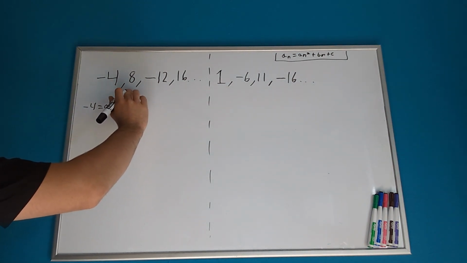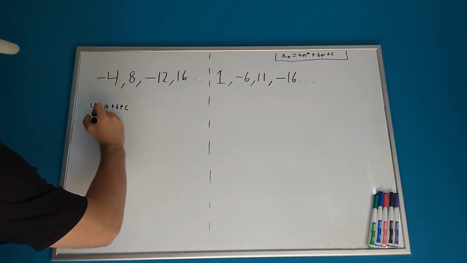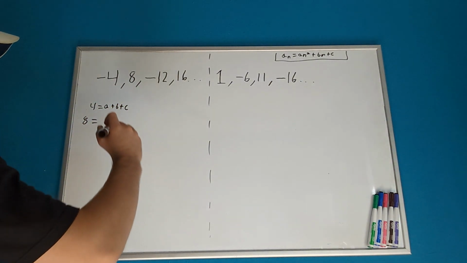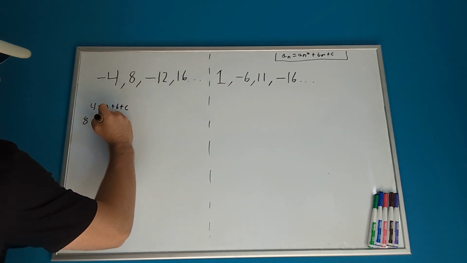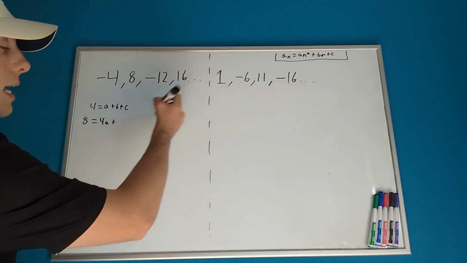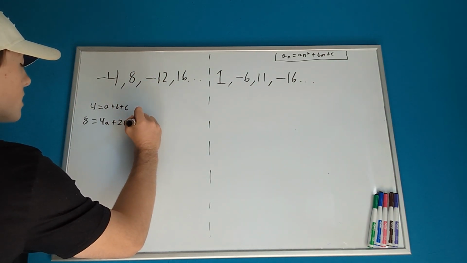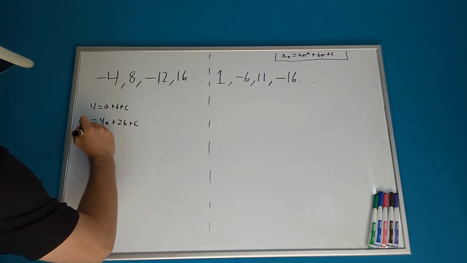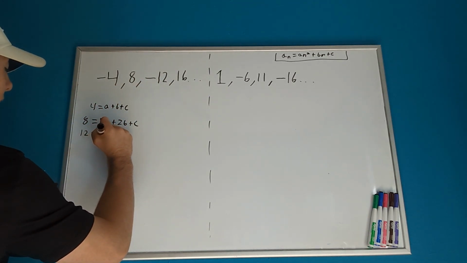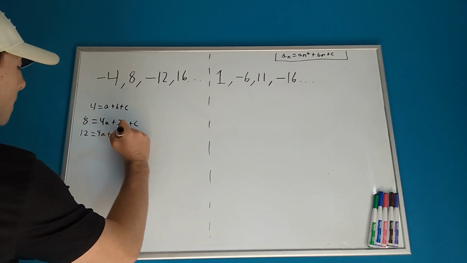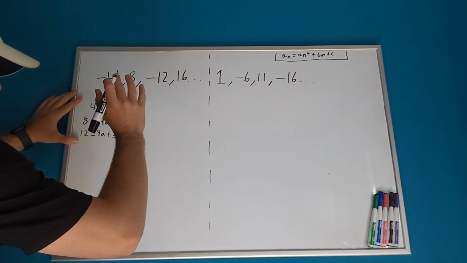Then when n is 2, it'll be 8 equals a n squared, and n in this case is 2, so it's 4a plus bn, n is 2, so 2b, and then plus c. And then finally, 12 equals, in this case n is 3, so we have 9a, because 3 squared is 9, plus 3b plus c. Now we have three equations, and we want to solve the system.